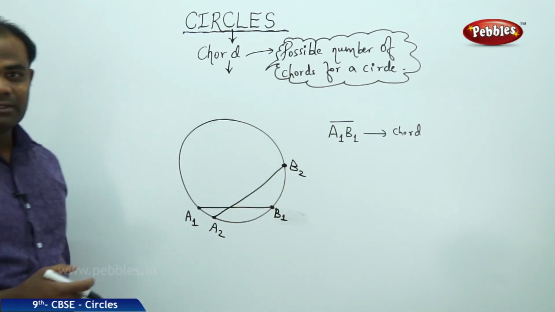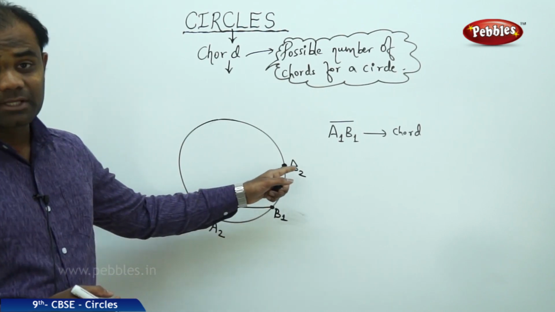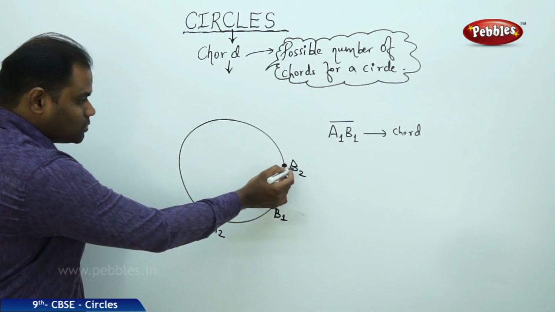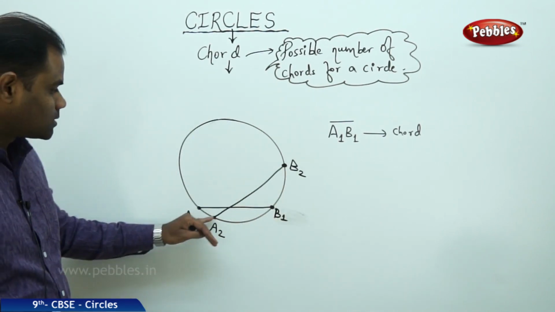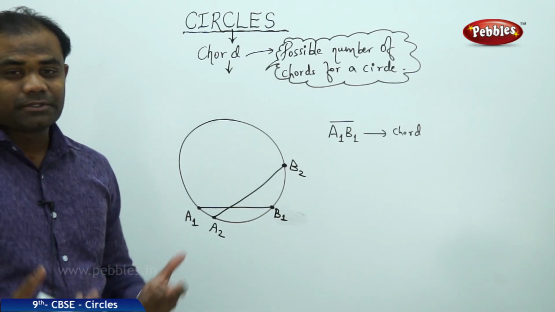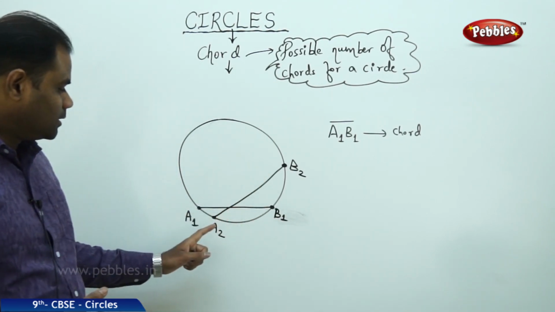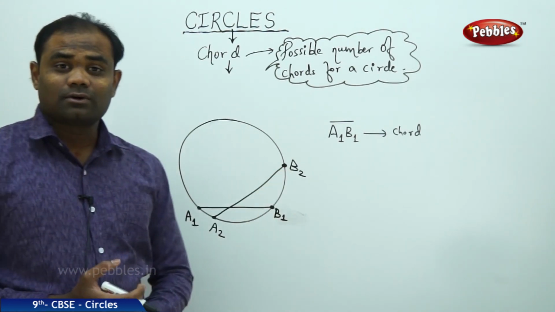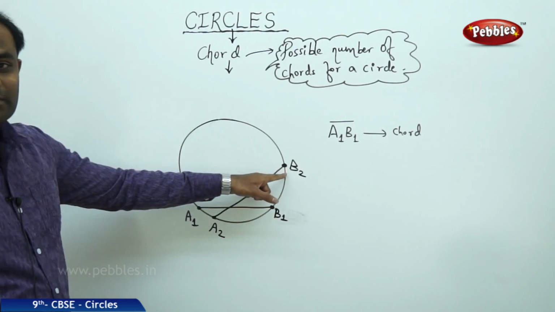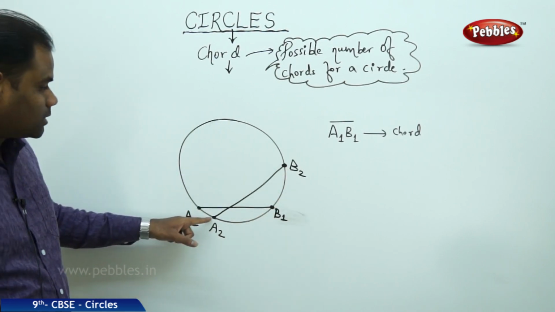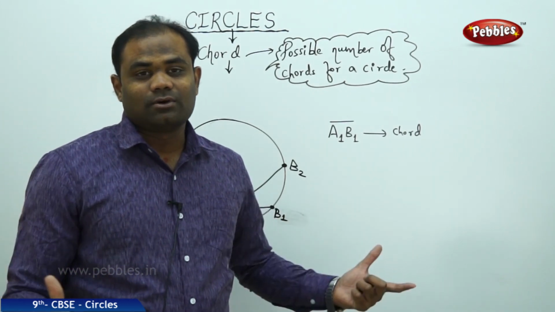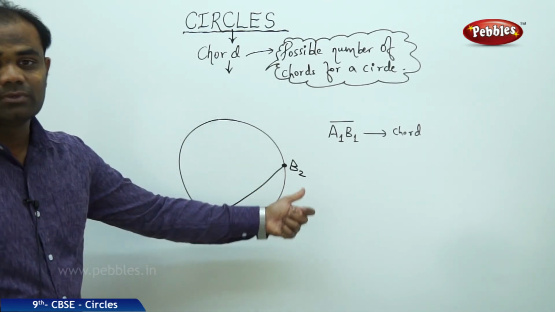So I have another line segment which is formed when I join the points A2 on the circle with B2 on the circle. So this is one more line segment. Therefore, by going with the definition of the chord, I can say proudly that A2 B2 also is a chord because this line is obtained when I join 2 points on the circle. A line segment which is obtained when joining 2 points on the circle is a chord, and hence A2 B2 is a chord.